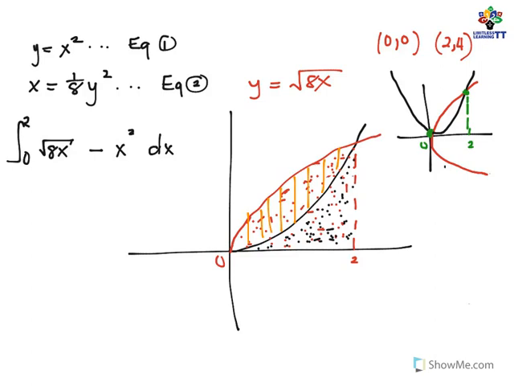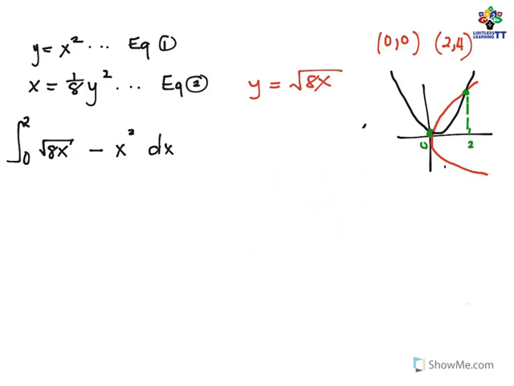Right, so that's why it's good to draw a diagram so you can see exactly what is the region that you're looking for and how you're going to get that region by either subtracting areas or adding areas together. So now that we know what we're integrating, we can make space.